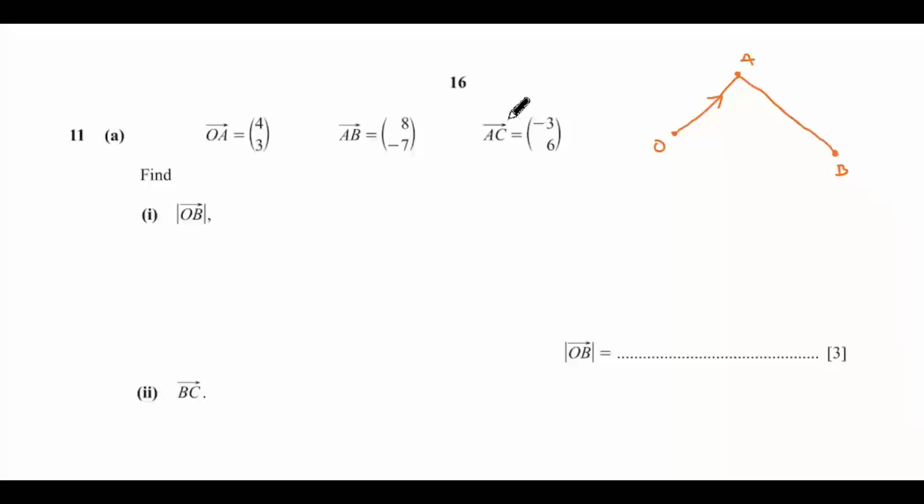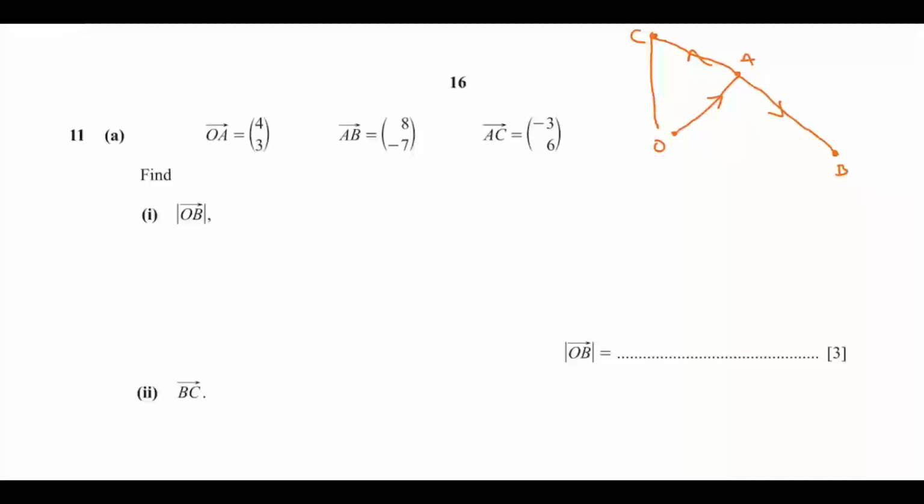For the third one, from A, you go to the left 3 times and move up 6 times. That means it will be somewhere up here. So this will be point C. I can draw this one like this, going towards this direction. This is just the rough sketch.